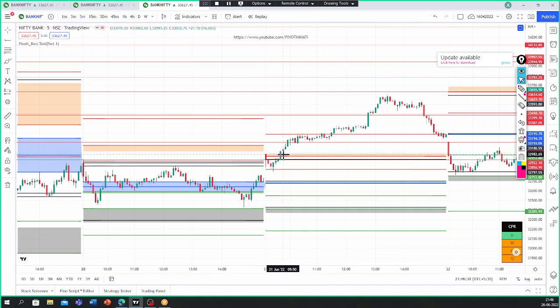Now when you enter here, your stop loss should be very small, just below this PDH. If you enter on this candle high, your stop loss will come here, which means 30 points in the option.